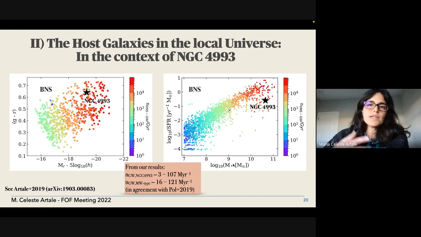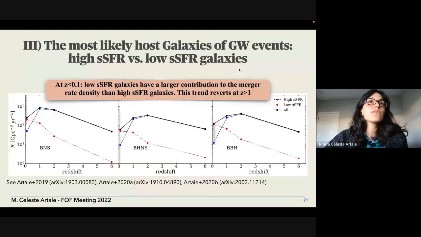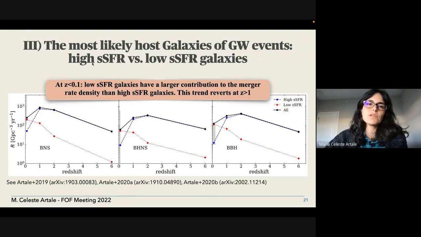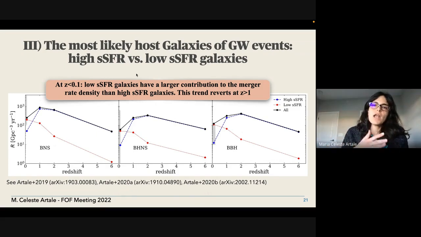All these plots I showed you so far were in the local universe. We also extend our analysis to high redshift, and we split our galaxy catalogs based on the specific star formation rate, so high and low specific star formation rate galaxies. This is the merger rate density, the number of events per unit volume per unit time, as a function of redshift for the 3 different binary compact objects we study.